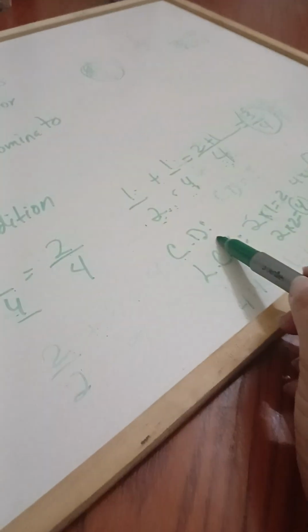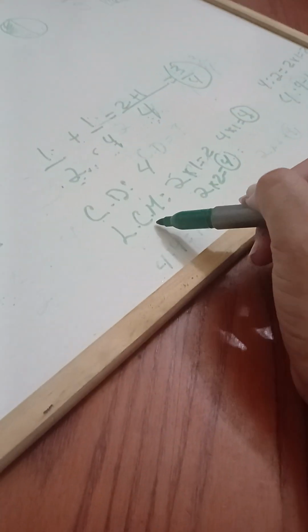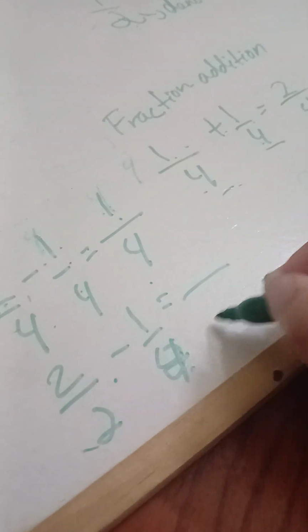You have to find the common denominator. And which is the common denominator? It is 4. Why? Because the least common multiple of 2 and 4 is 4.